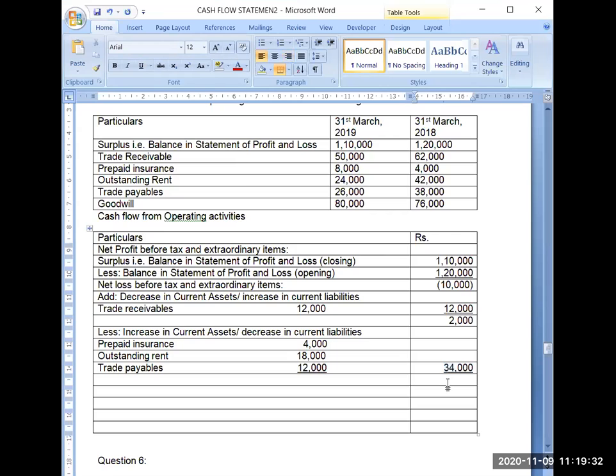Now 2,000 minus 34,000. What will your answer be? Your answer will be 32,000, but it will be a negative amount because now the minus amount is more. So we will put such amounts in brackets.